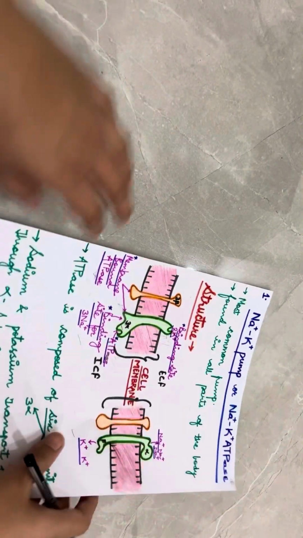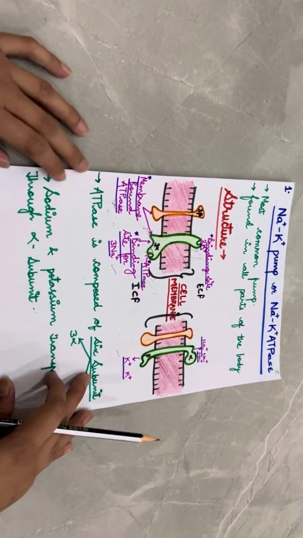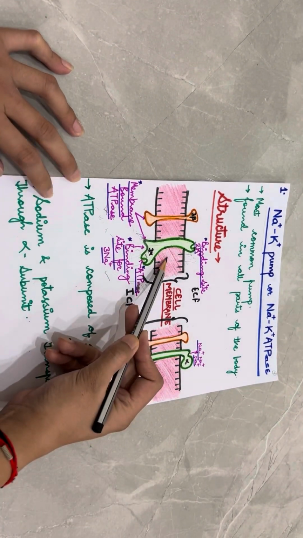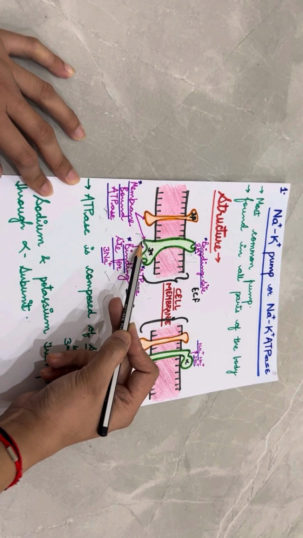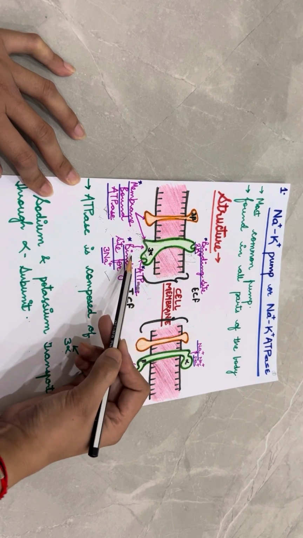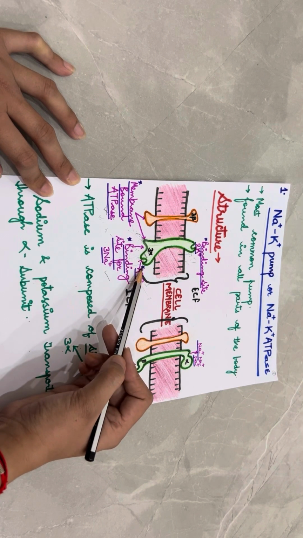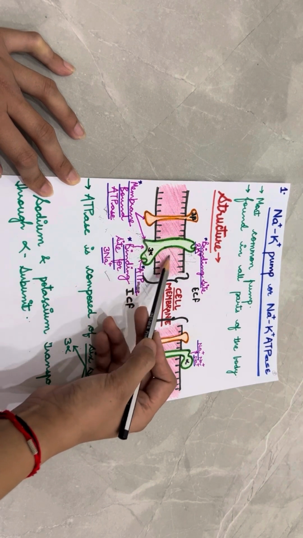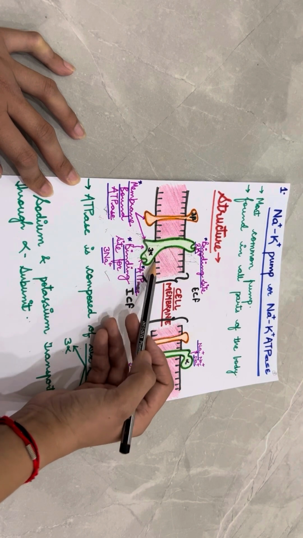One more time I'm going to explain how this pump works because it is the most important. As you see its structure already, this is the ATPase molecule or carrier protein to which ATP and 3 sodium molecules bind. After binding, it changes its shape and keeps the sodium out of the cell and brings 2 potassium into the cell. But how?